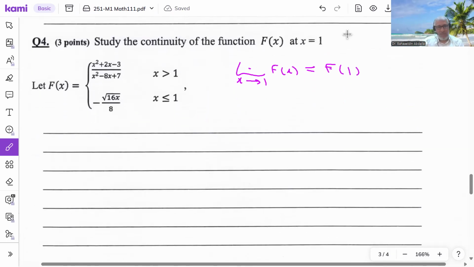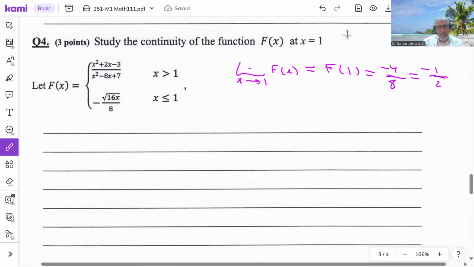So f is defined at 1. If I replace x by 1, negative square root of 16 over 8, that's negative 4 over 8, or negative half. So this is the value of the function.